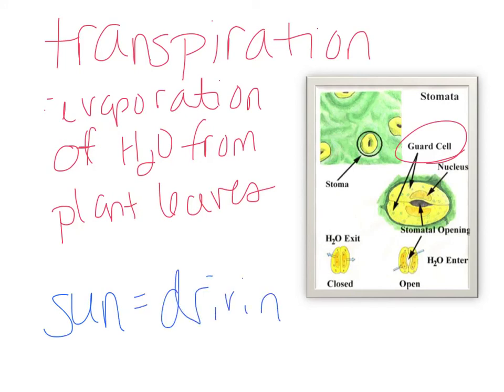Okay, because water is going to move from a high to a low concentration. And so if I have a lot of water down at the roots and very little water out in the air, the water will actually evaporate out into the air, trying to equal that out. And in doing so, using those properties of cohesion and adhesion, it'll help pull the water up the tree.